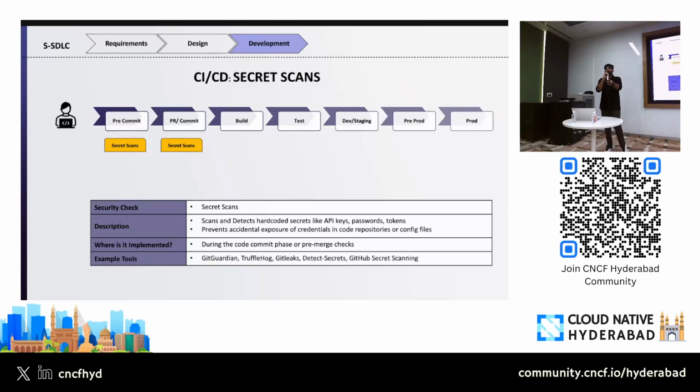So the developer knows immediately, changes it, the exposure is minimal, and no credentials are exposed. We have a lot of tools available in the market, like GitGuardian, TruffleHog, and Gitleaks. There are many open source tools too which you can make use of.